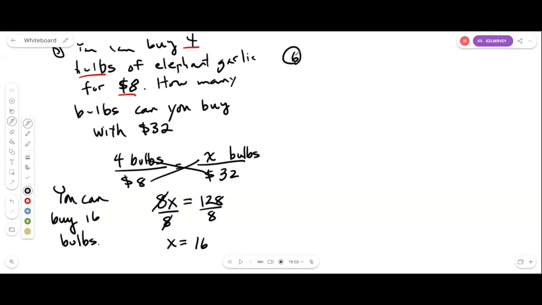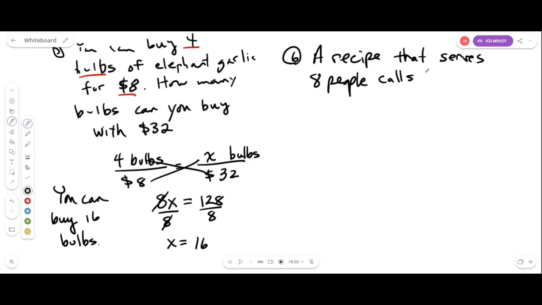So for us on here, number 6 says a recipe that serves 8 people calls for 2 cups of milk.